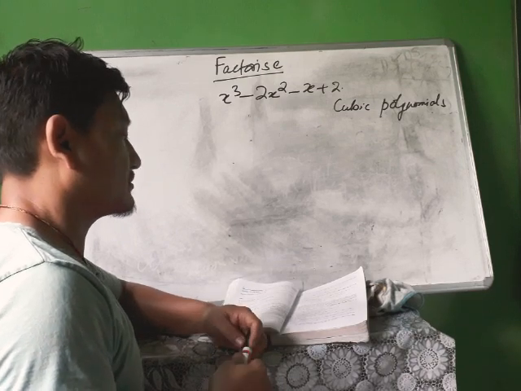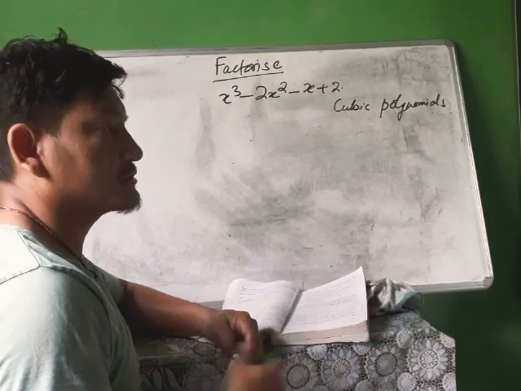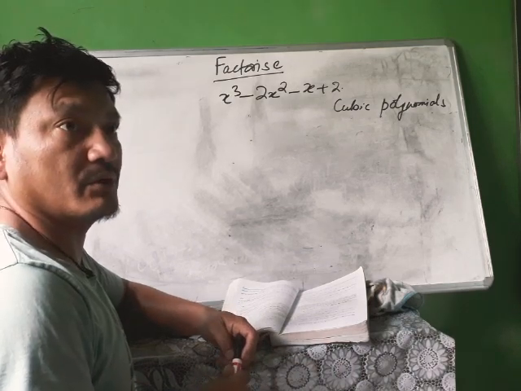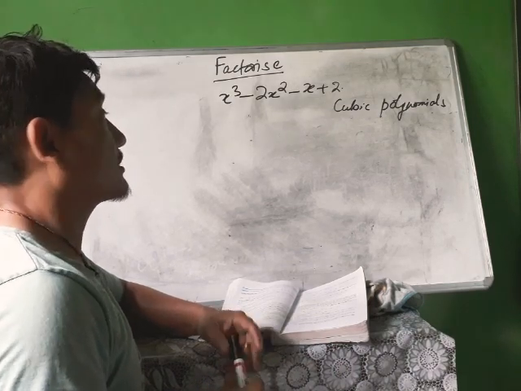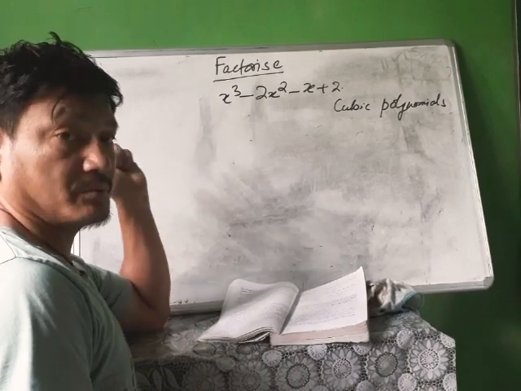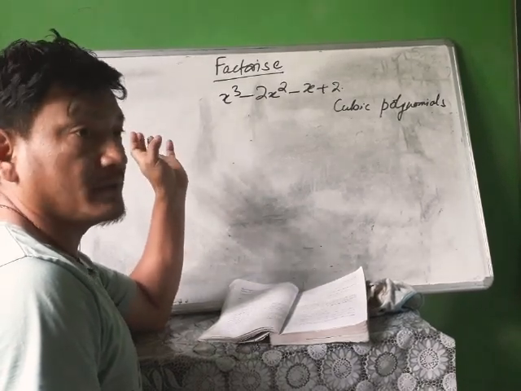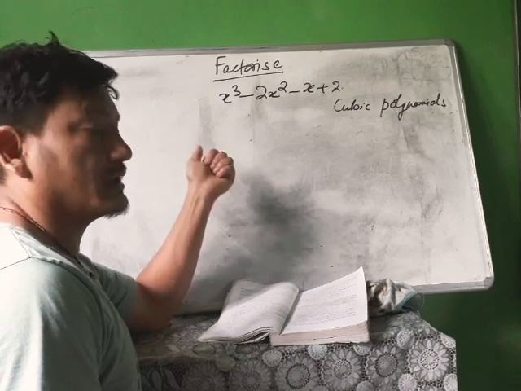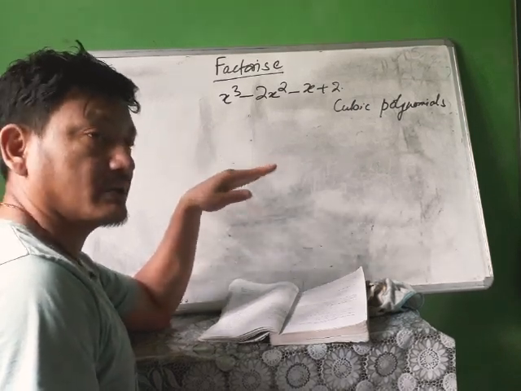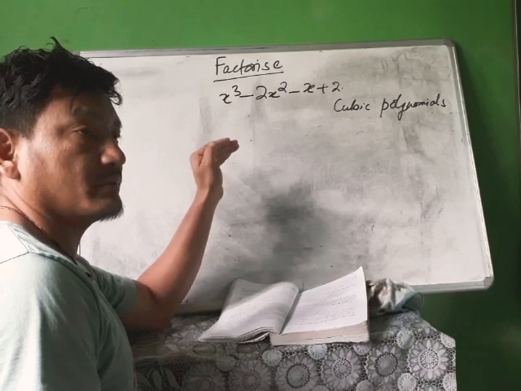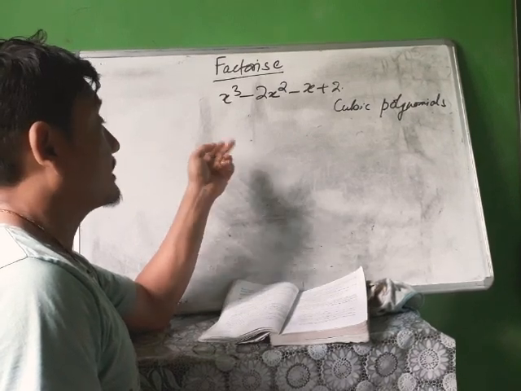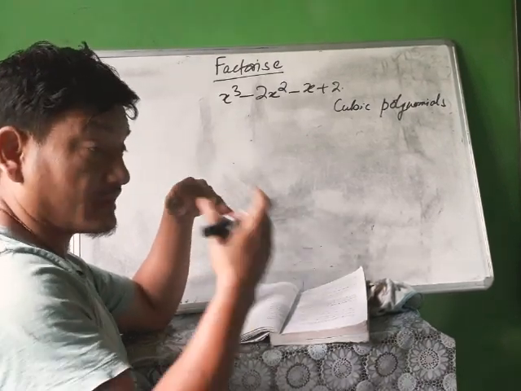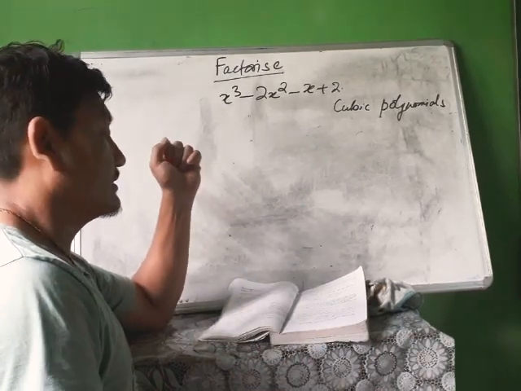There are a number of roots for different types of polynomial. If you have a linear polynomial, you will have 1 root, meaning the number of roots for that linear polynomial will be 1.